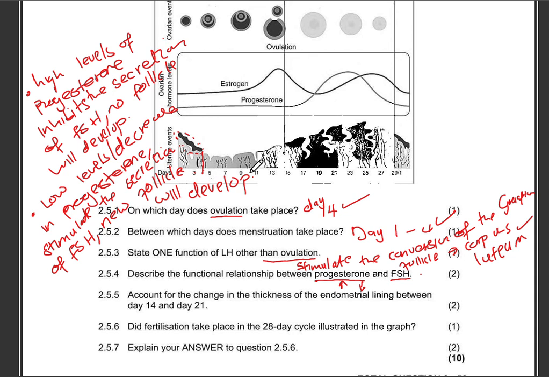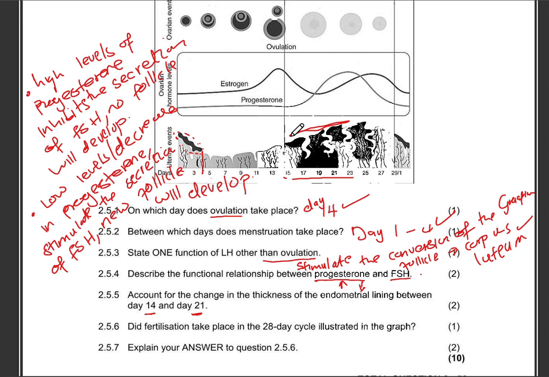Easy stuff. Then account for the change in thickness of the endometrial lining between day 14 and day 21. We need to account for why there is a change in thickness in the endometrium lining between day 14 and 21. So this is where we're looking.